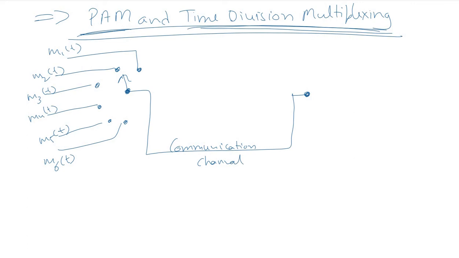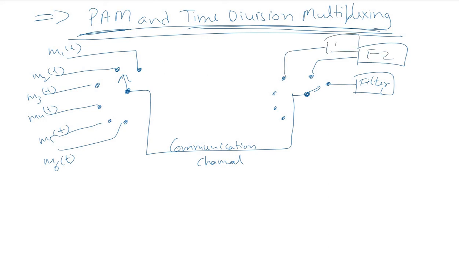And at the receiver end again we have decommutators. We'll go on to the further signal processing blocks: filter 1, filter 2, F3 and so on.